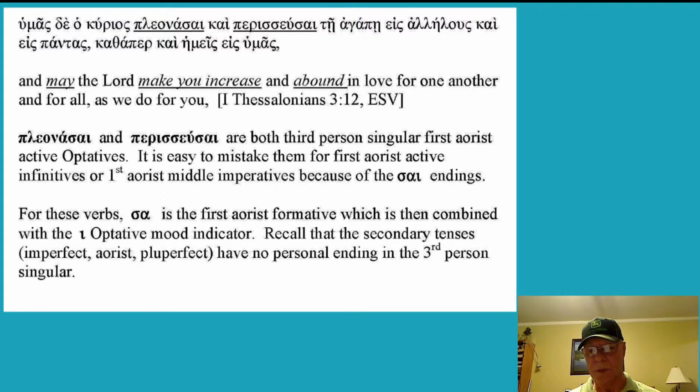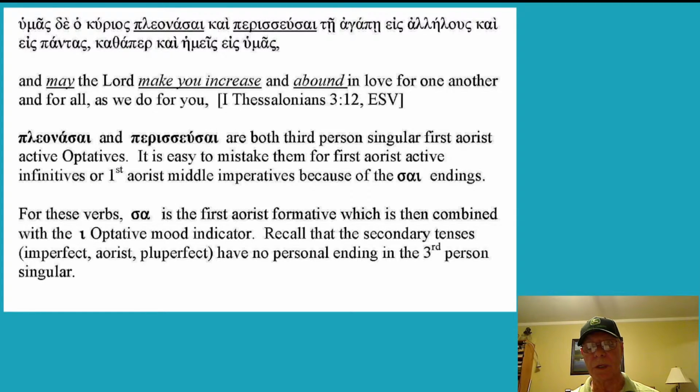The verbs pleonasai and perisseusai are both third person singular first aorist active optatives. It is easy to mistake them for first aorist active infinitives or first aorist middle imperatives because of the sigma alpha iota endings. One must look at the context to determine the mood in situations where the forms are identical.